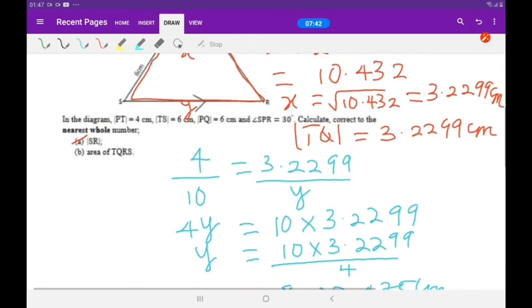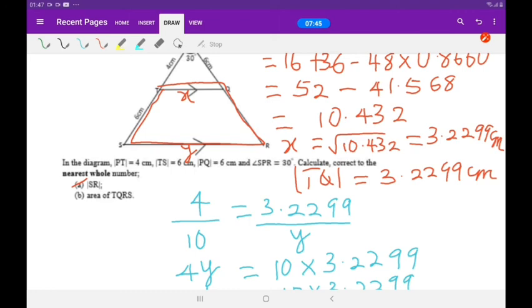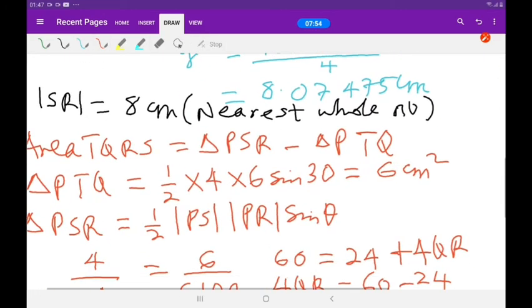Let's go up and see PR. Look at PR there. We need PR. PR is everything that we have here. Good. So how can we calculate that now?